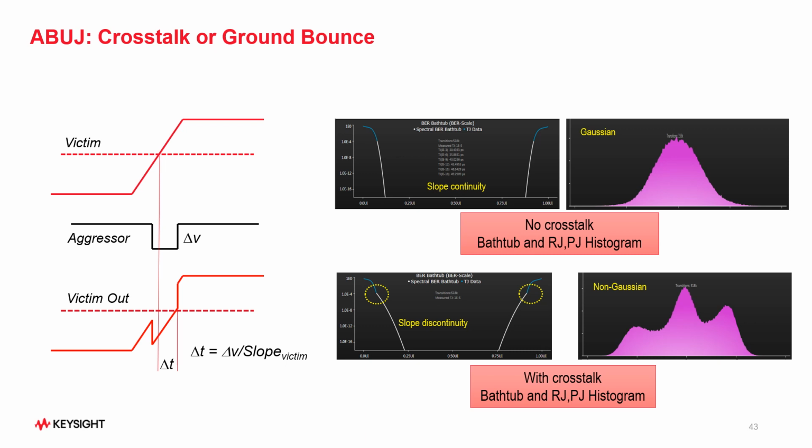The other way to look at the crosstalk issue is the Gaussian of the RJ or PJ histogram. Without crosstalk, it looks pretty Gaussian, but as soon as crosstalk is coupled into the signal, it becomes non-Gaussian. That's an indicator of crosstalk being present in the signal.